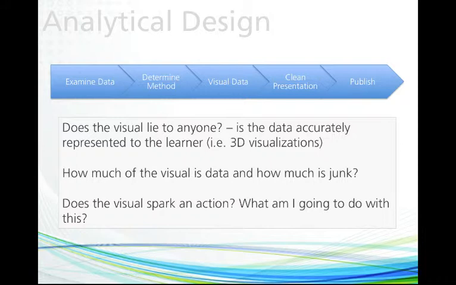Data should be the basis for good decision making. If you can't glean an idea of what the learner should be doing based on that data, you probably should go back to the drawing board in terms of how you're presenting that information, and maybe even go back to the data and look at, is this really meaningful? Should I be presenting it in this way to the learner? So these are some key considerations for analytical design.